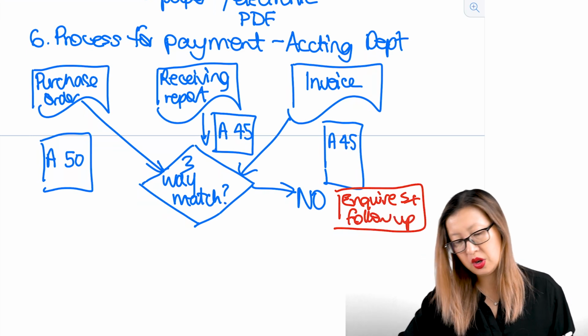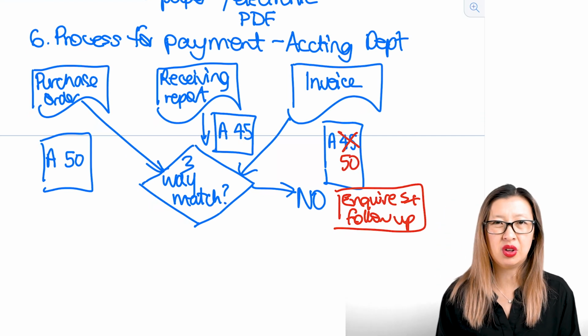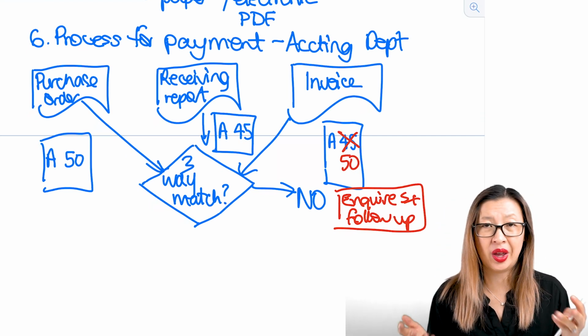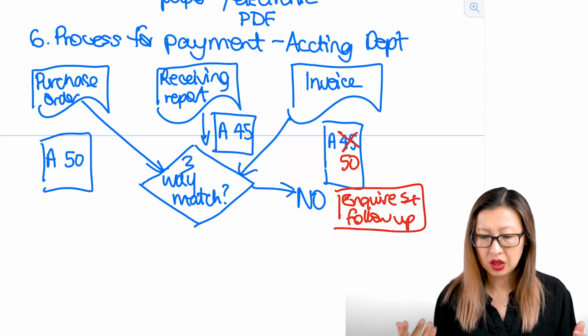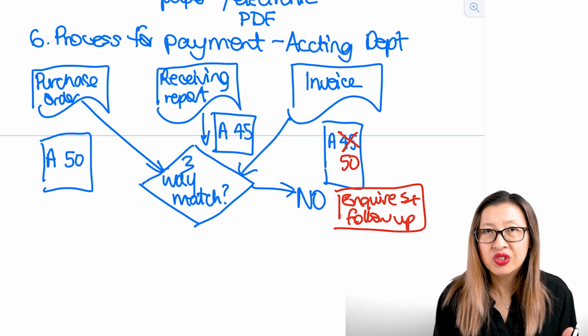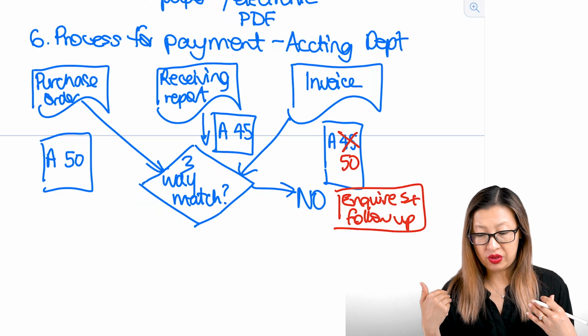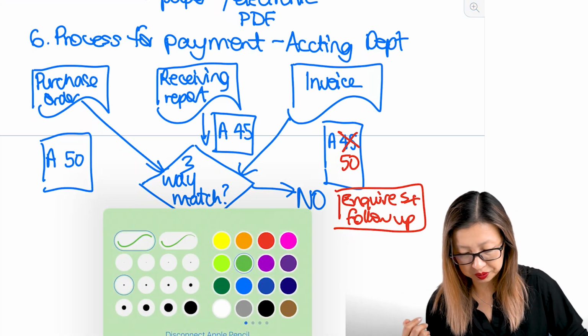All right, so let's say we're billed for 50 and we only receive 45. I'm going to call the receiving department or the warehouse and say, what happened? Did we receive all these goods? Are any goods missing? I'll call the supplier and say, well, you billed us for 50, but we only received 45, are 5 on back order? So I need to follow up if it doesn't match.